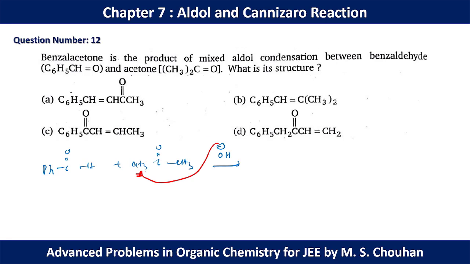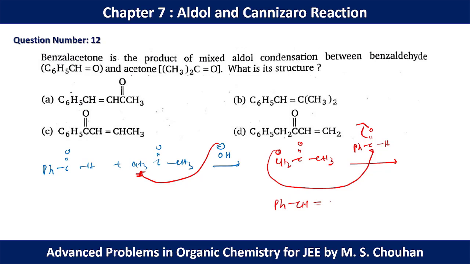So this negative charge will abstract this alpha hydrogen and we are going to form this intermediate. Now this intermediate can react with benzaldehyde and the final product will look like CH=CH, C=O, CH. Okay, so for question number 12, the A option should be the correct option.